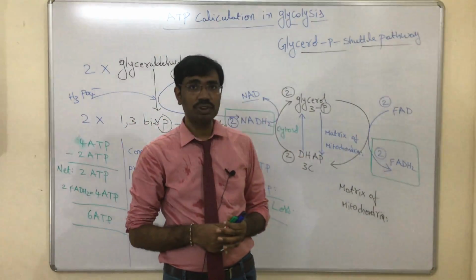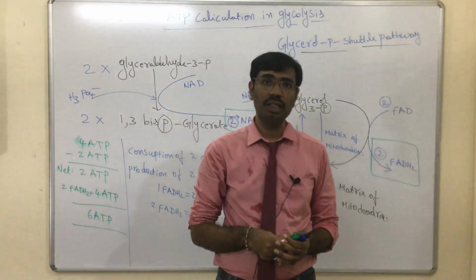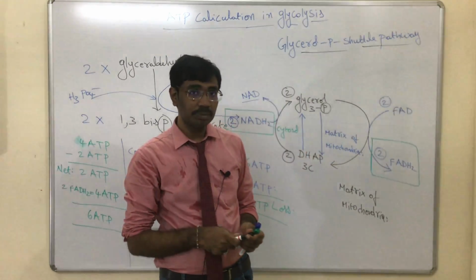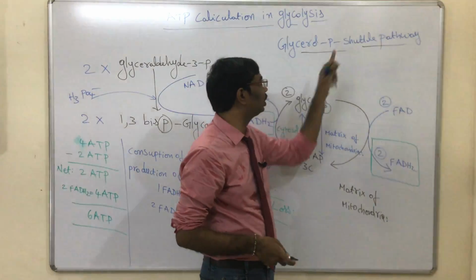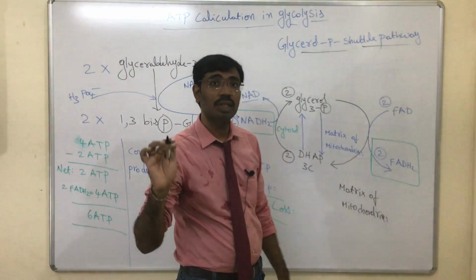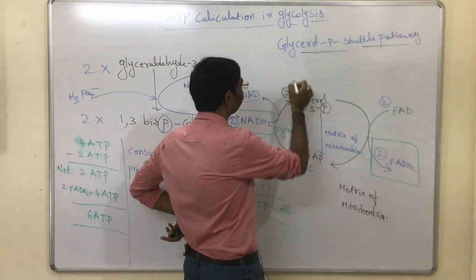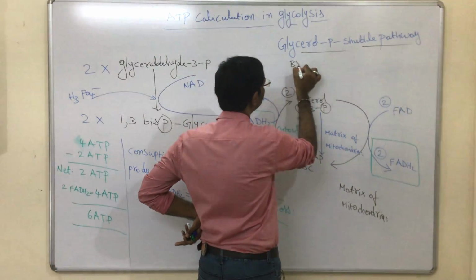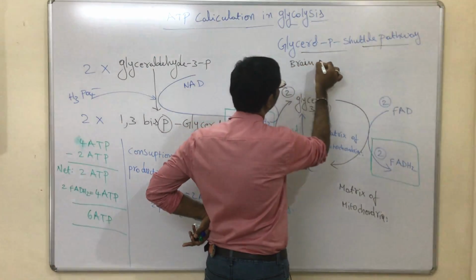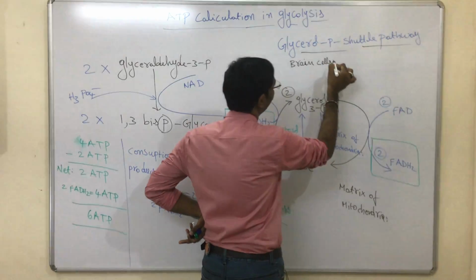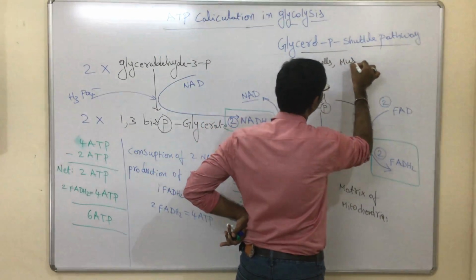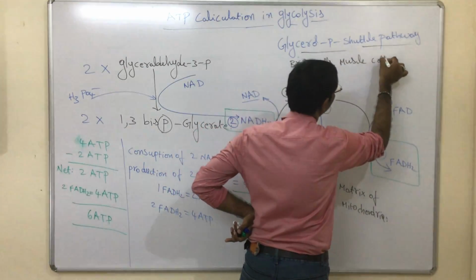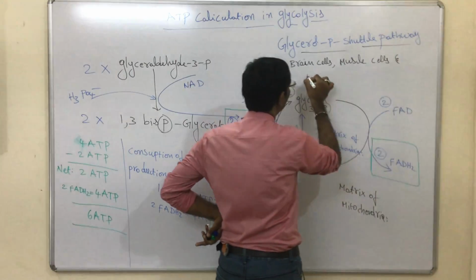But this glycerol phosphate shuttle pathway is not present in all kinds of cells. Only some cells contain it. Which cells have the glycerol phosphate shuttle pathway? Brain cells, muscle cells, and most of the eukaryotic cells.